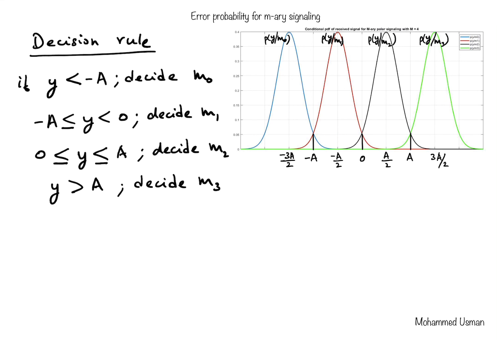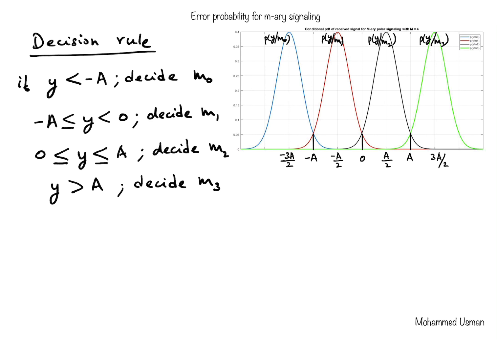But the two extreme symbols on the outside have only one boundary. On the other side, it's open. There is no boundary. It can go as far as it wants. Similarly, M3 has a boundary only on the left side. On the right side, it is open. But M1 and M2 have boundaries on both sides, to the left as well as right. So this equality space, we will give it in favor of the symbols which are in the middle.